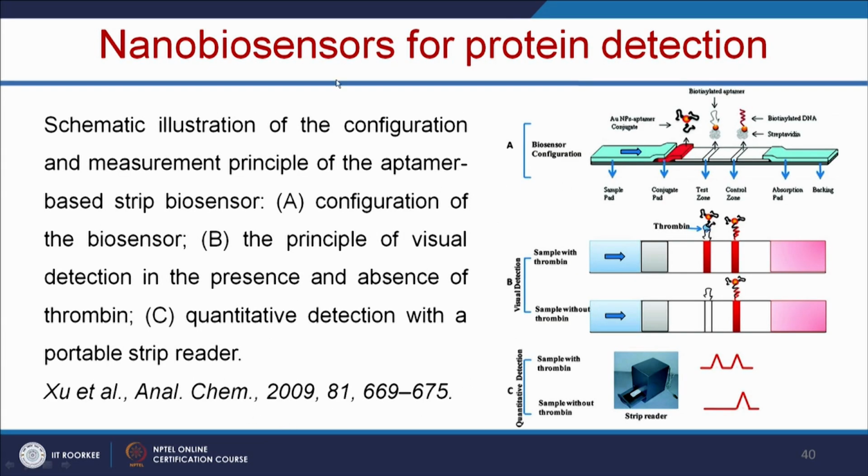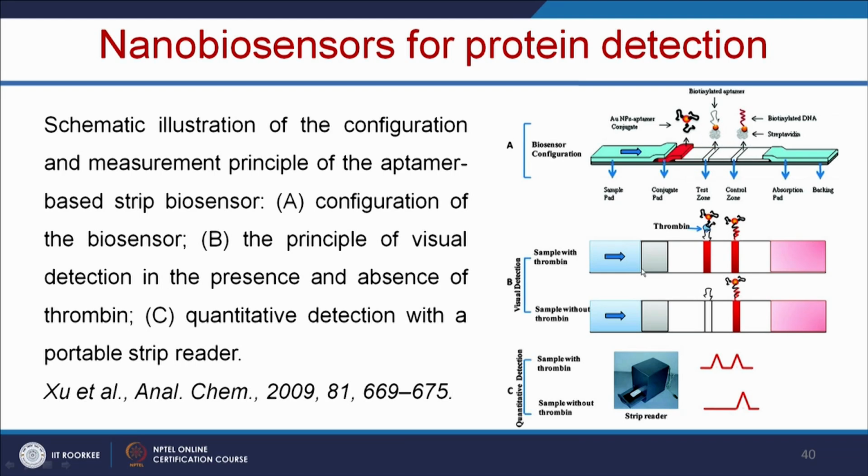Let us see an example of a nano biosensor for protein detection, where we can detect thrombin. This is similar to your pregnancy test kit, a lateral flow assay. You can see the sample pad and conjugate pad. Here, instead of an antibody, we will be using an aptamer. Aptamers are oligonucleotides or oligopeptides which are specific for a particular protein.